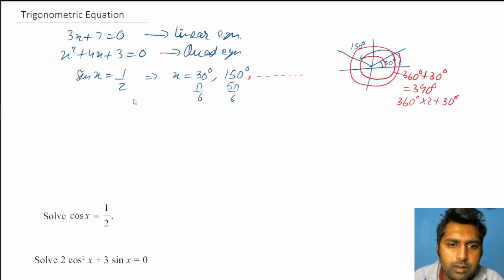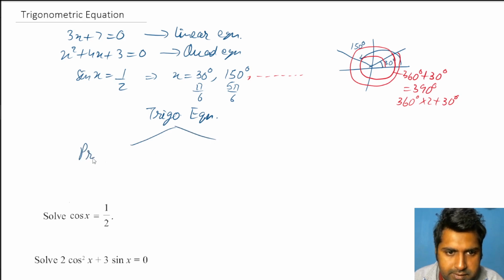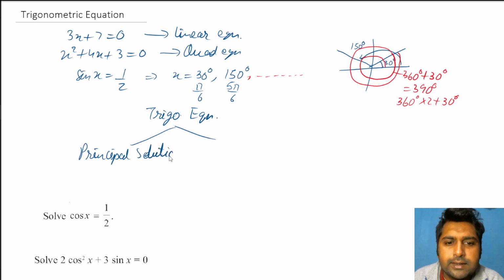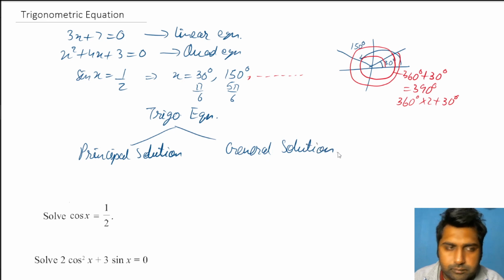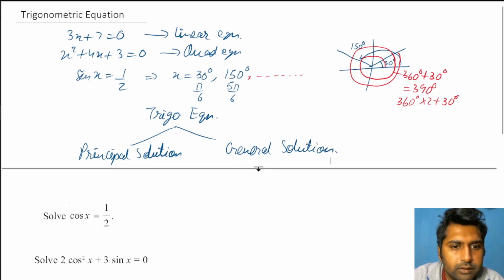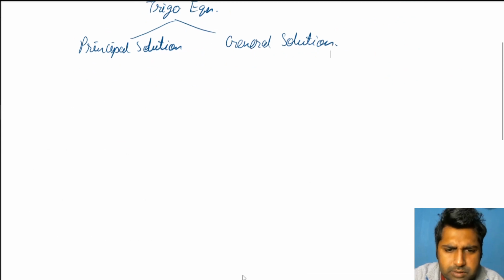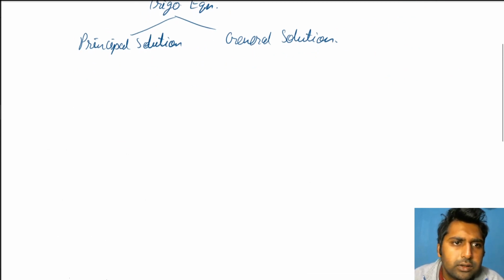Okay. So first of all, for any trigonometric equation, there are two types of solution. One is principal solution, and then there is general solution, which covers all the infinite answers. First we'll talk about only principal solution. I'll explain the general solution later. So for the time being, what is your principal solution?